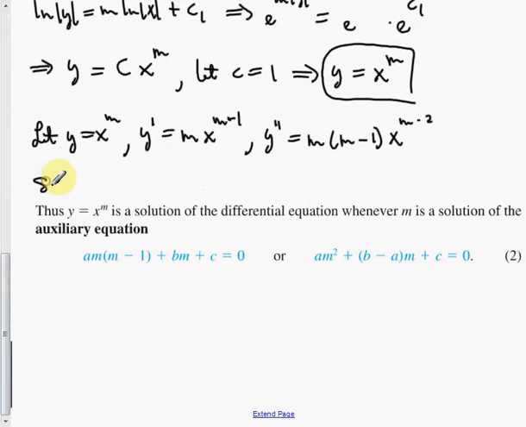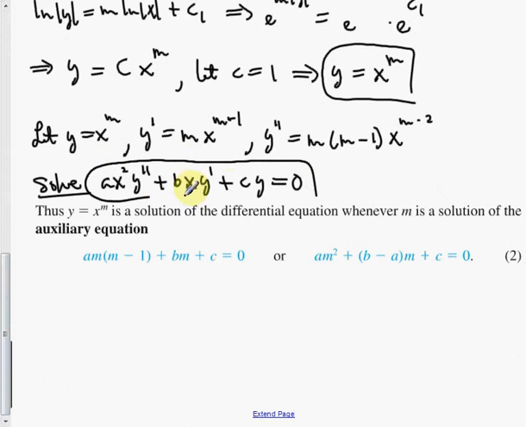We want to solve this problem: ax squared times y double prime plus bx times y prime plus c times y equal to 0. That's our goal for today, to solve this.